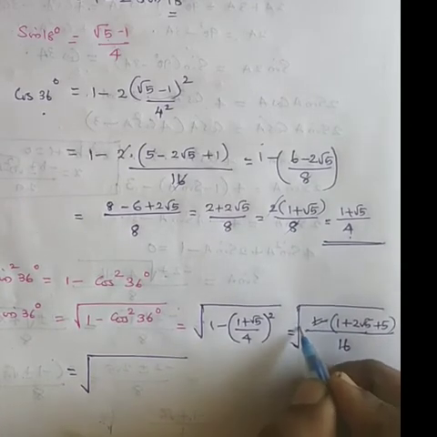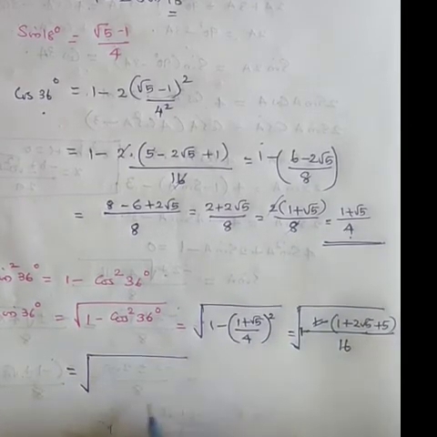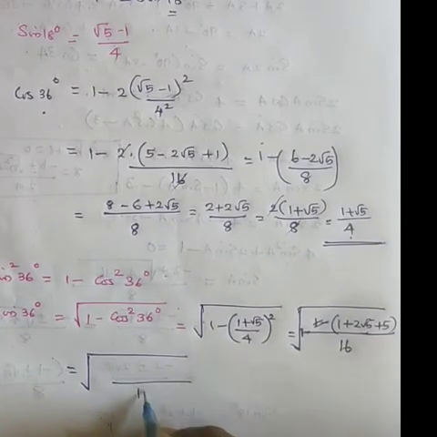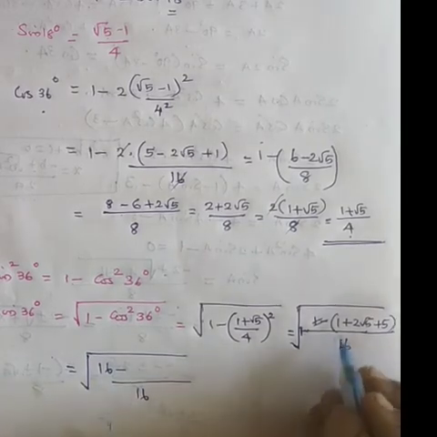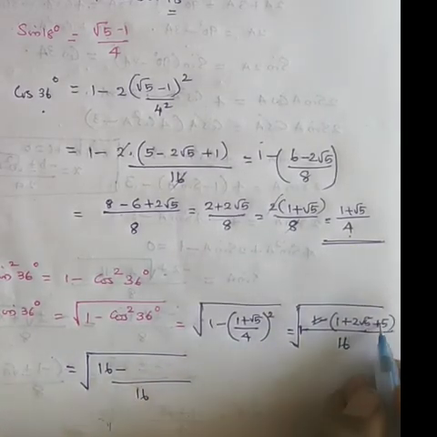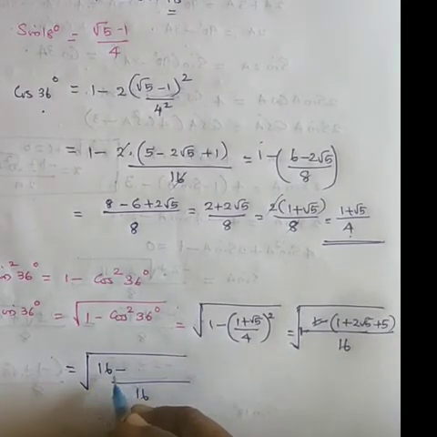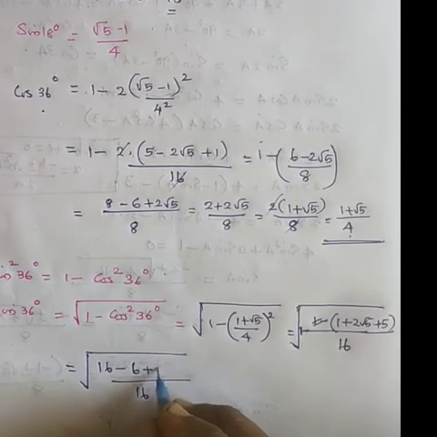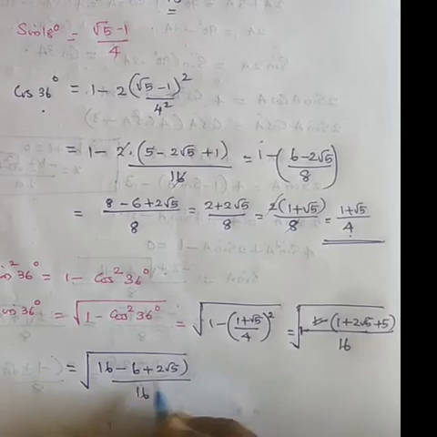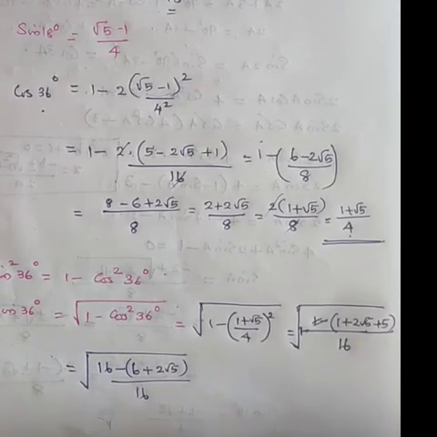So this is equal to square root of, here it is 1 minus. Okay. So taking 16 as LCM, 16 minus 1 plus 5 is equal to 6, 6 plus 2 root 5 divided by 16. Okay.